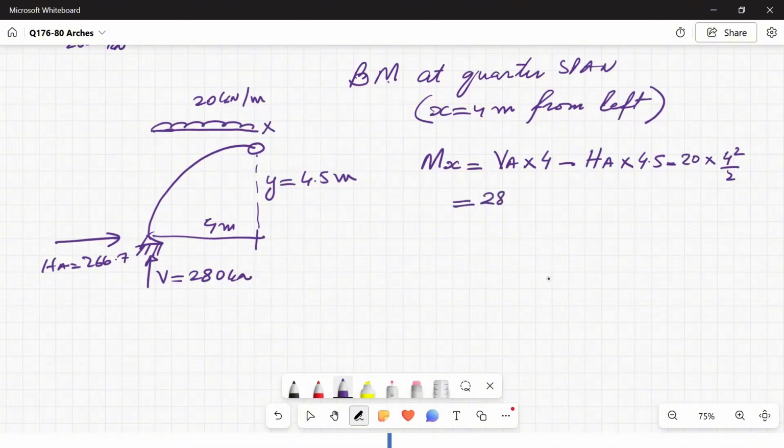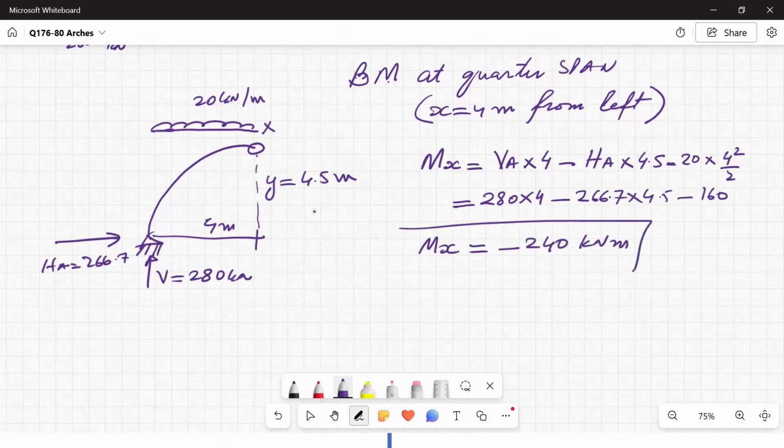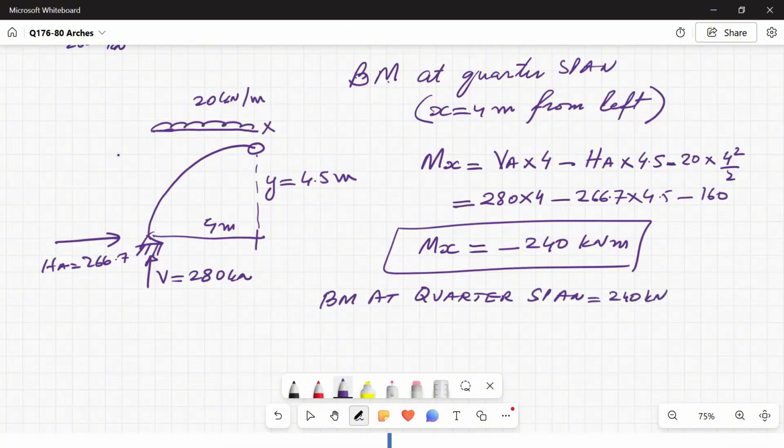VA is 280 times 4 minus HA is 266.7 into 4.5 minus this will give me 160, and from here I can find out value of MX at quarter span as minus 240 kilonewton meter, and I can say that BM at quarter span is equal to 240 kilonewton meter, and this is in hogging moment.